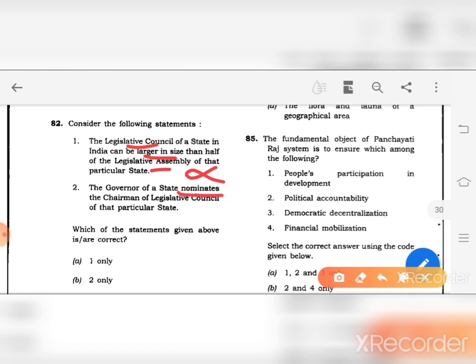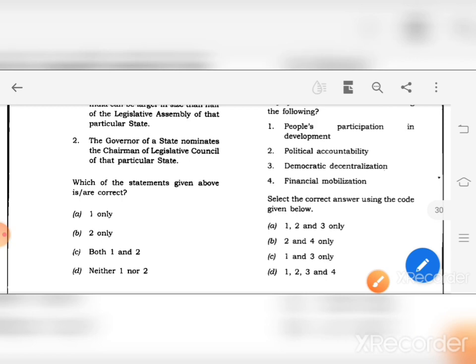No, the governor of a state does not nominate the chairman of Legislative Council. The chairman of Legislative Council is selected among the members of the Legislative Council itself. Of course, the governor nominates a few people who are specialized in art and literature, but he doesn't nominate the chairman of Legislative Council.